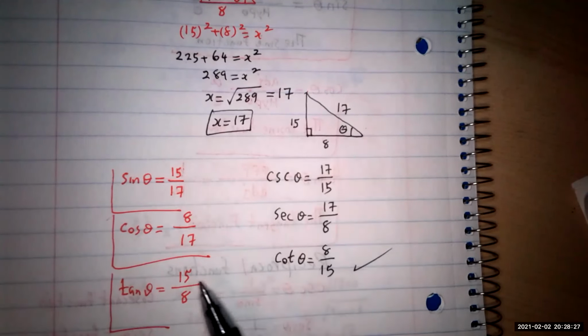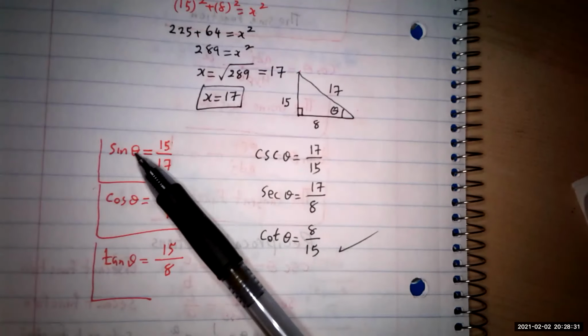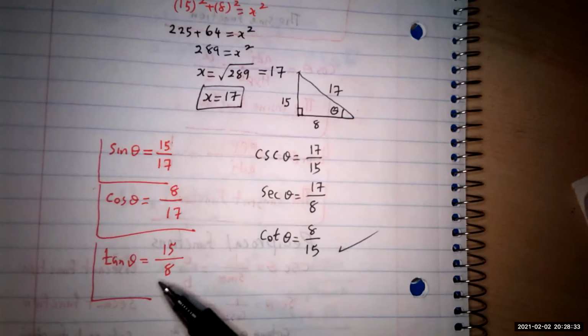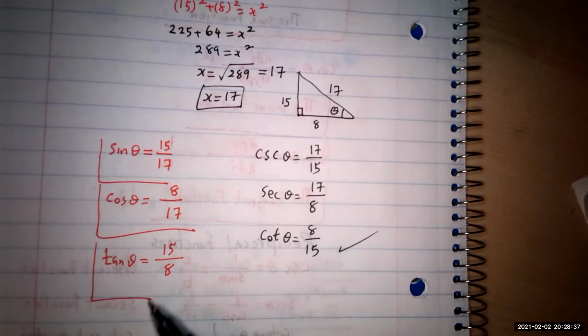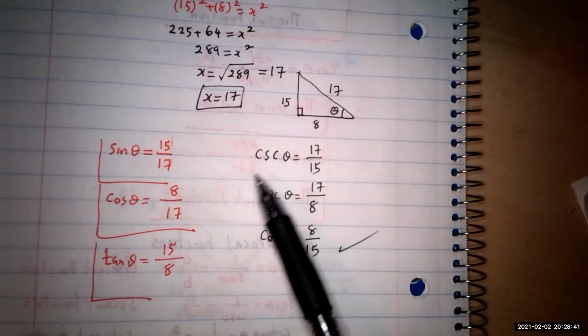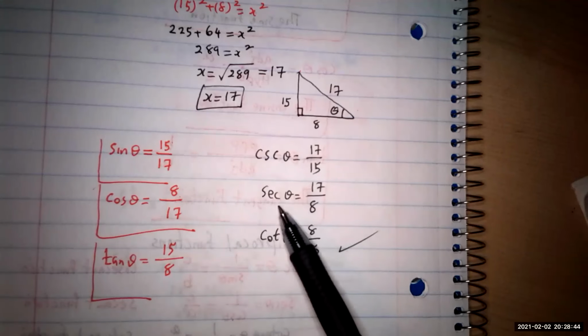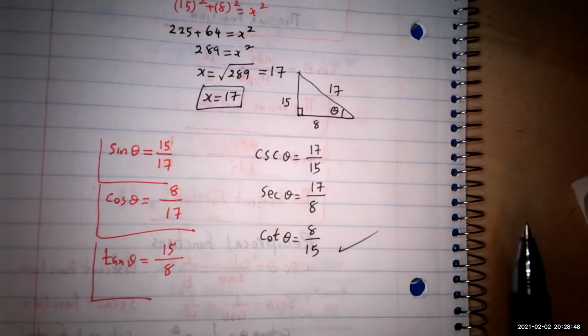Adjacent, that's it. You just need to know this too. We divide the sine by cosine, 15 over 8, tangent. Reciprocal, you get the other three. Flip it. This would be 17 over 15 cosecant, 17 over 8 secant, and 8 over 15 cotangent, and then you're done.